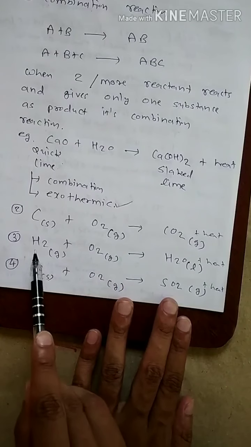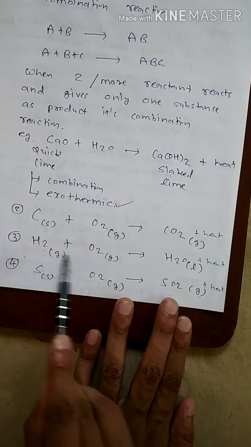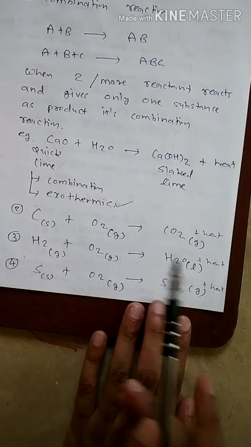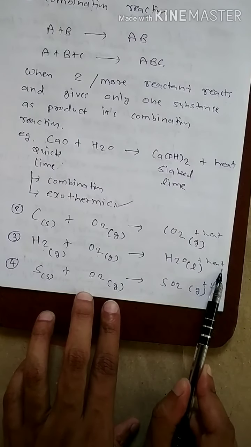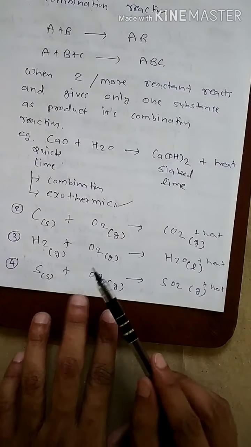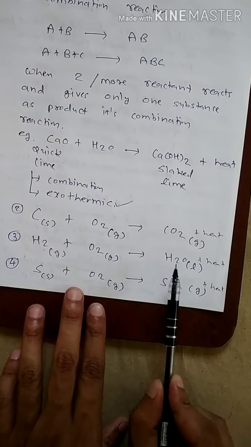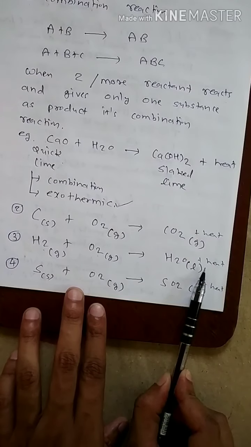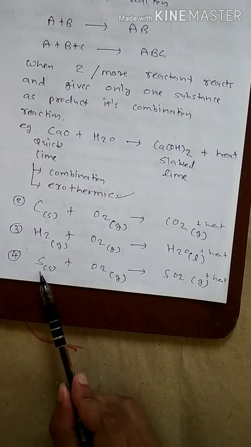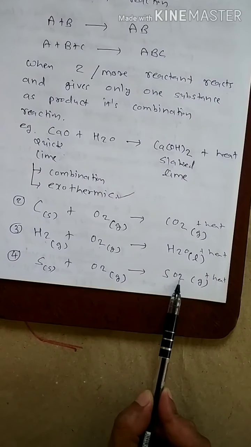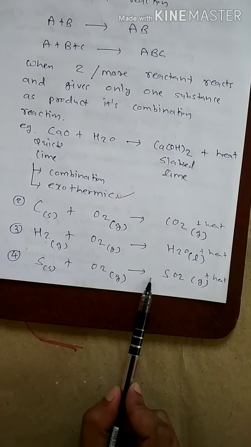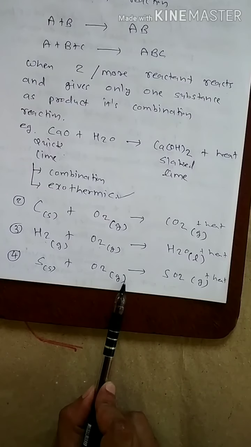In the same way, when hydrogen and oxygen gas combine together to form water, some heat will be evolved. So it is also a combination reaction as well as an exothermic reaction. Same way, sulfur plus oxygen will give you sulfur dioxide. It is also a combination reaction as well as an exothermic reaction.